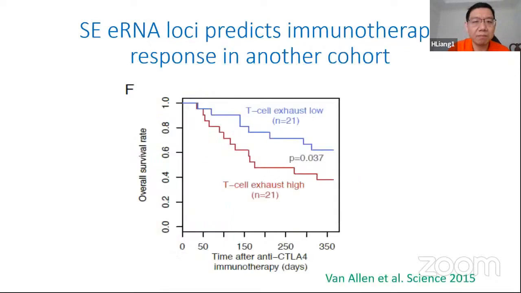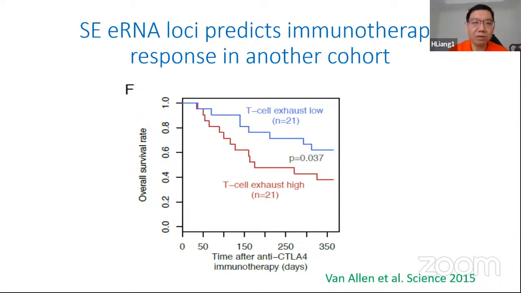And based on that enhancer signal, we also used it to validate in another immunotherapy. The other immunotherapy is called anti-CTLA4, which is another immune checkpoint inhibitor.